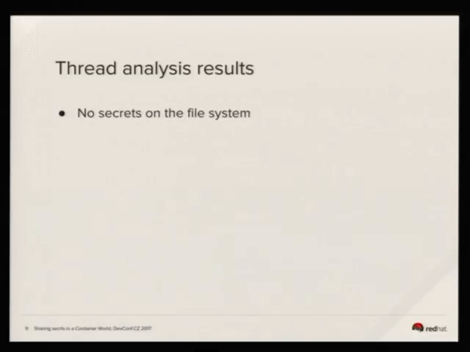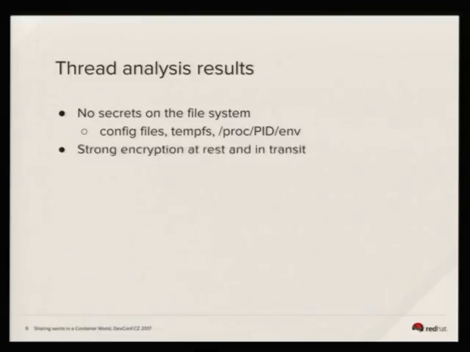We don't want to have secrets on the file system because, as Pavel said, the file system is rather bad. You can have traversal attacks when you have a web application and a couple of other places. It includes something like tmpfs or even the proc file system, if you have a variable stored in the proc file system.